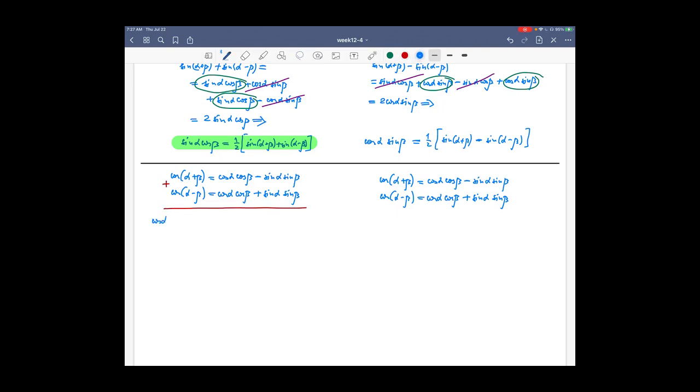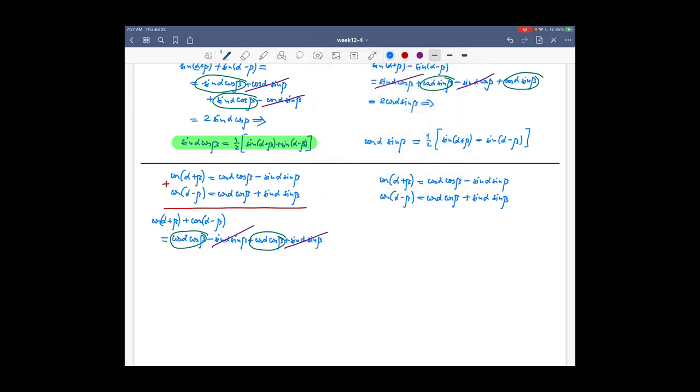As a sum, we get the following thing. This time we have sine alpha sine beta canceling out, and the other two terms are identical, cosine alpha cosine beta.